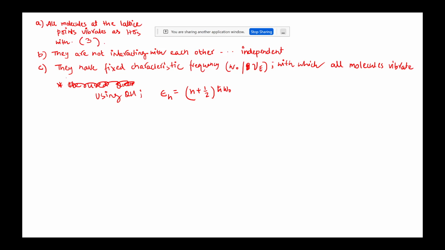Okay. So what will be the average energy then? Average energy E bar, averaged over all these states. This is En by kBT. We are considering the Boltzmann distribution, so e to the power minus En by kBT.